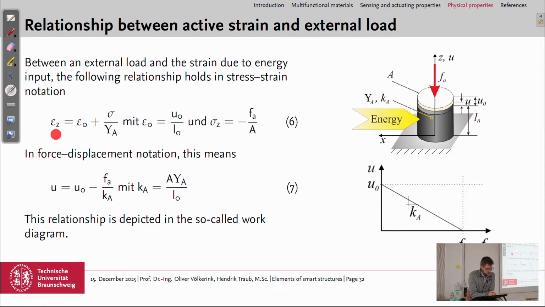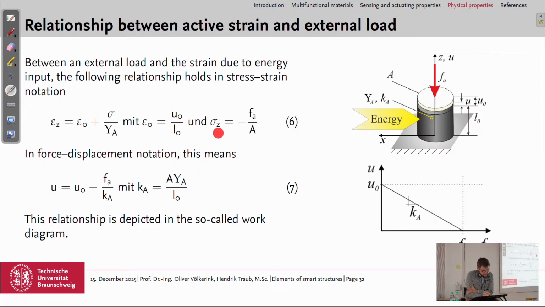We have this strain epsilon z, which is the total strain, and it's made from the sum of the free strain plus the overall stress divided by the modulus of the actuating material. And we can also put in that our free strain is the free displacement divided by the initial length.